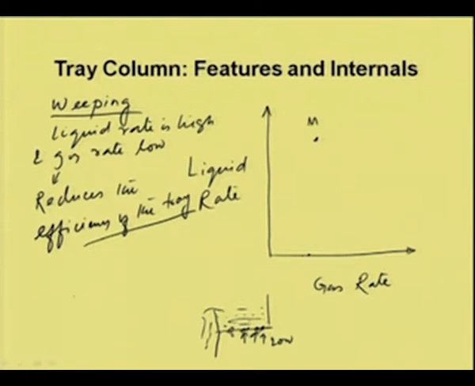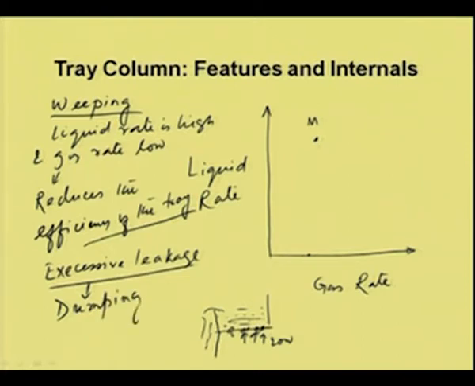Now, if there is excessive leakage, then we call it dumping. So, this is the region we call weeping, and this is the region we call dumping.